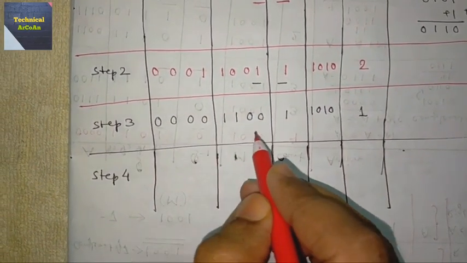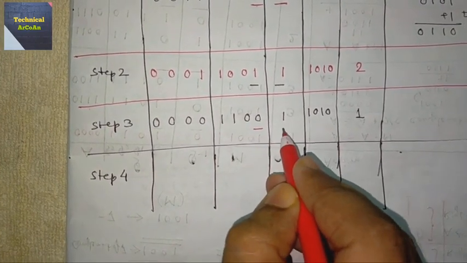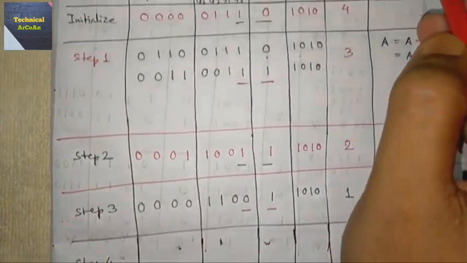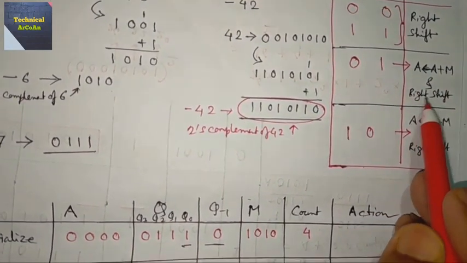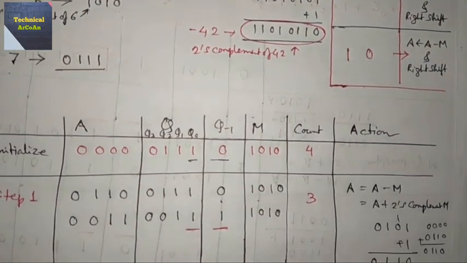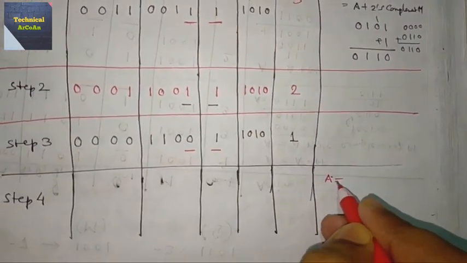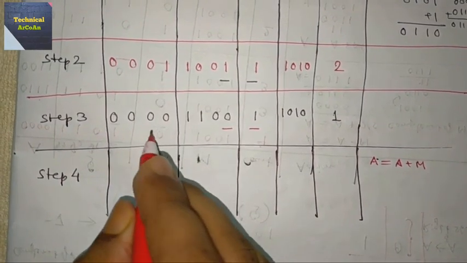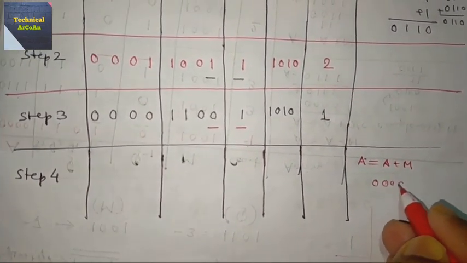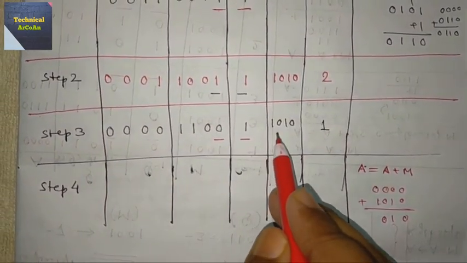Now you check: Q0 is 0 and Q minus 1 is 1. So what is the value? 0 1. And what is the action? A equals A plus M and right shift. So now we do A equals A plus M. What is your A value? All are 0. Now what is your M value? 1 0 1 0.